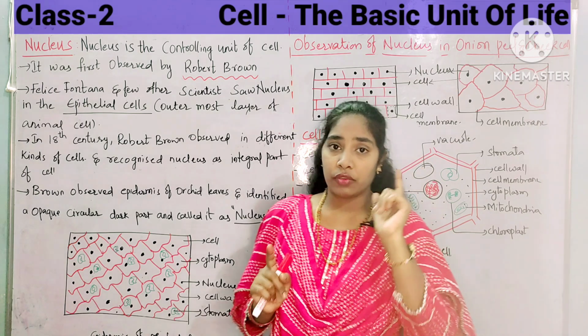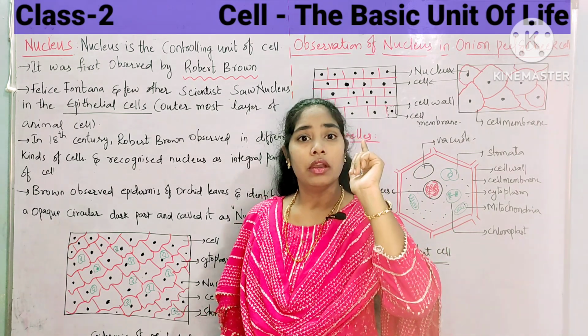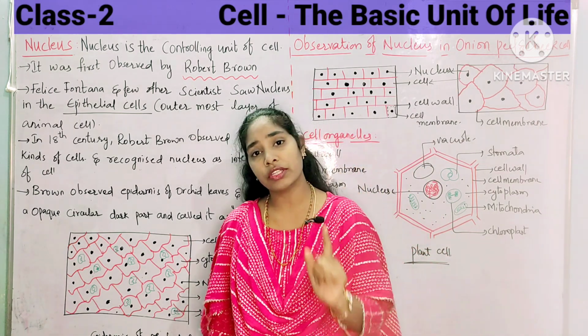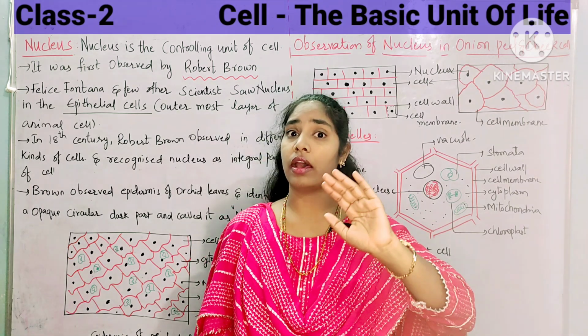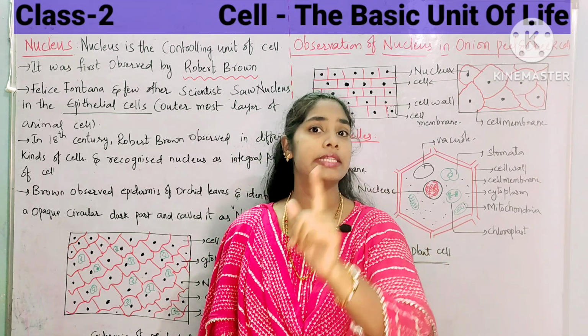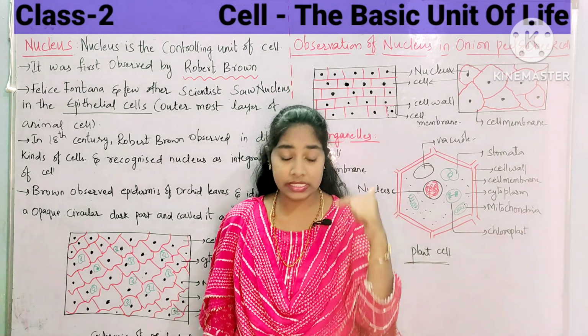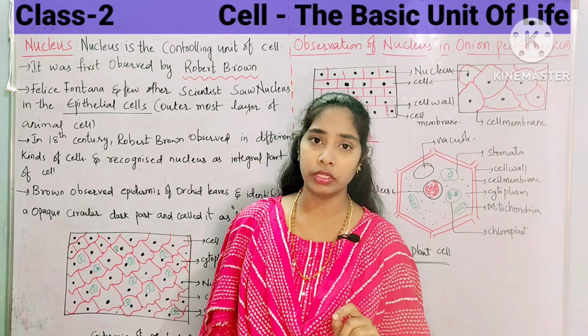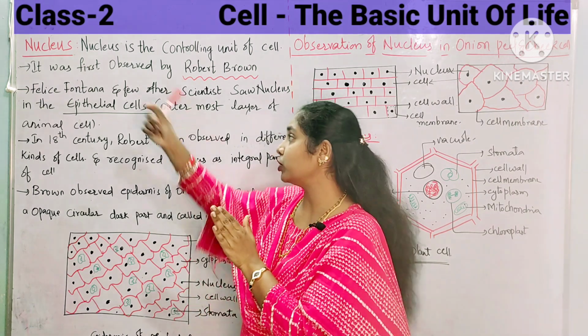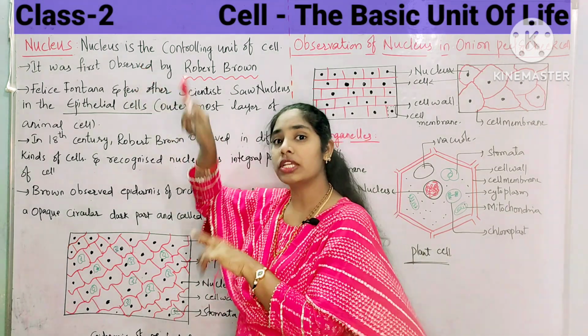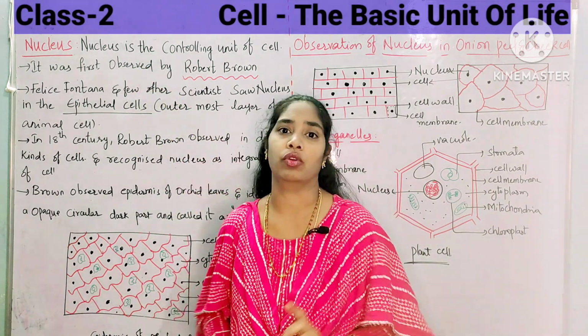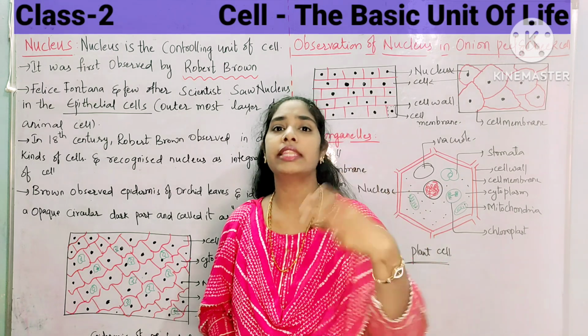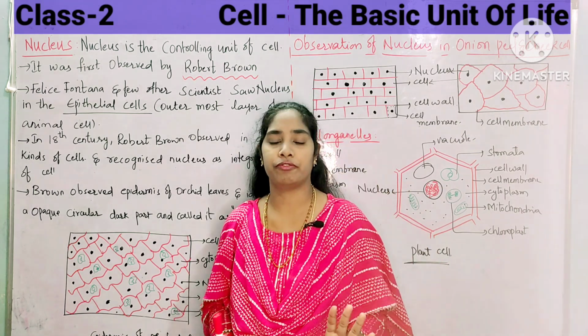If the question is who identified the cell for the first time, it's Antonie van Leeuwenhoek. Who discovered the cell? Robert Hooke. And who observed the nucleus for the first time? Robert Brown. These three names usually create some confusion, but don't be confused here.